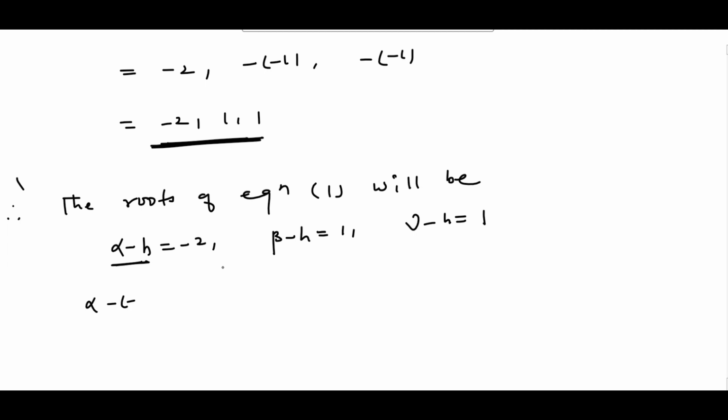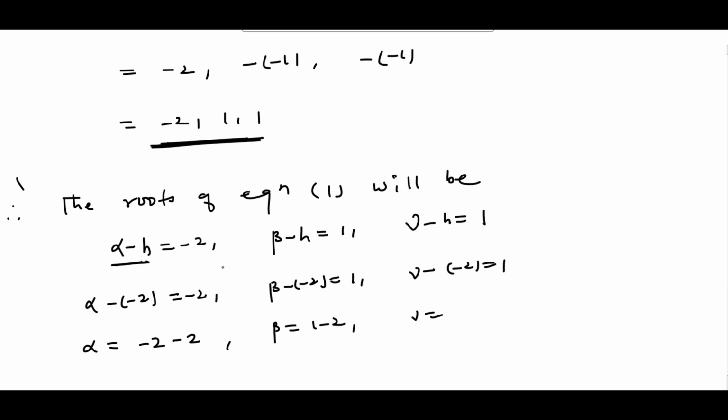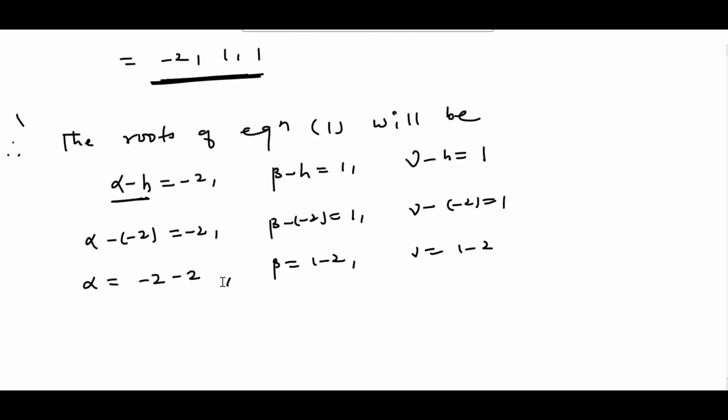Alpha minus of negative 2 is negative 2, beta minus of negative 2 is 1, gamma minus of negative 2 is 1. Here alpha is equal to negative 2, and it will give again negative 2. Here beta is equal to 1 minus 2, gamma is equal to 1 minus 2. So we can say that alpha is equal to negative 4, beta is equal to negative 1, gamma is equal to negative 1.